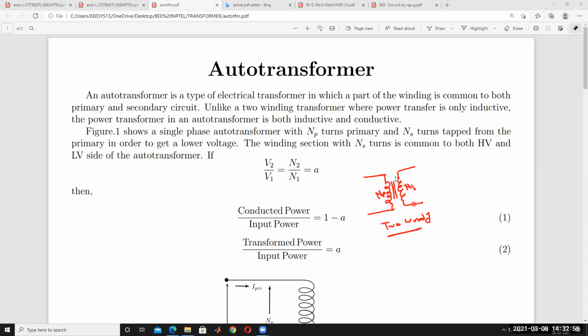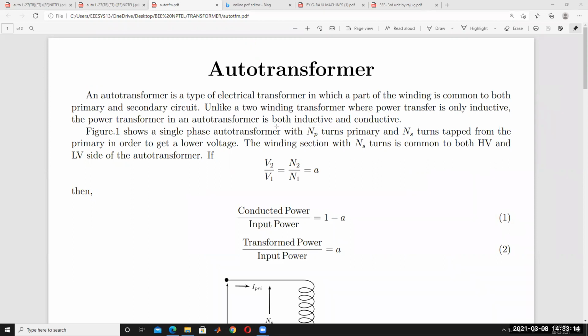Power is transferred only by mutual induction in a two winding transformer, but in an auto transformer, both inductive and conductive.